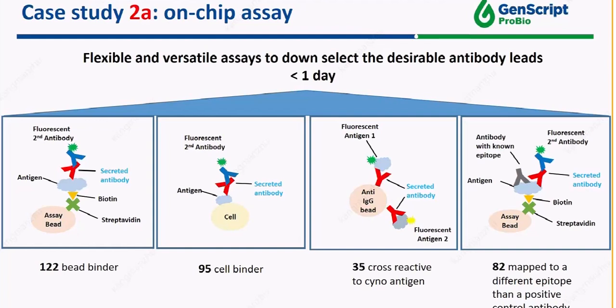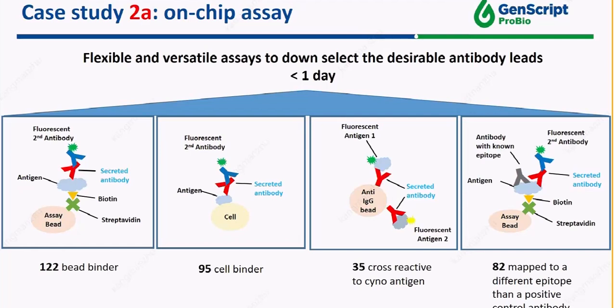Those include cell-based binding, or screening for antibody that binds to a target antigen expressed on a stable cell line, or binding identified through target antigen conjugated to beads, cross-species reactivity, or antibody that binds to a different epitope than a positive control antibody, if that is available.